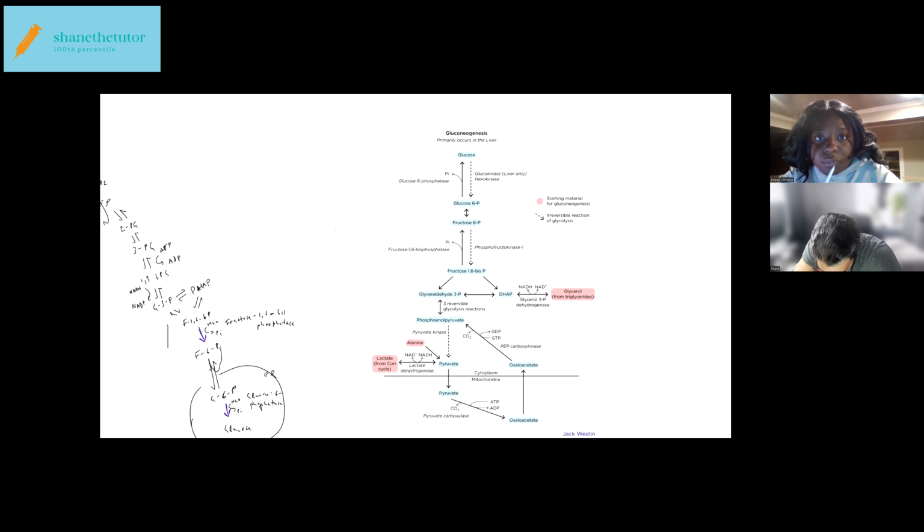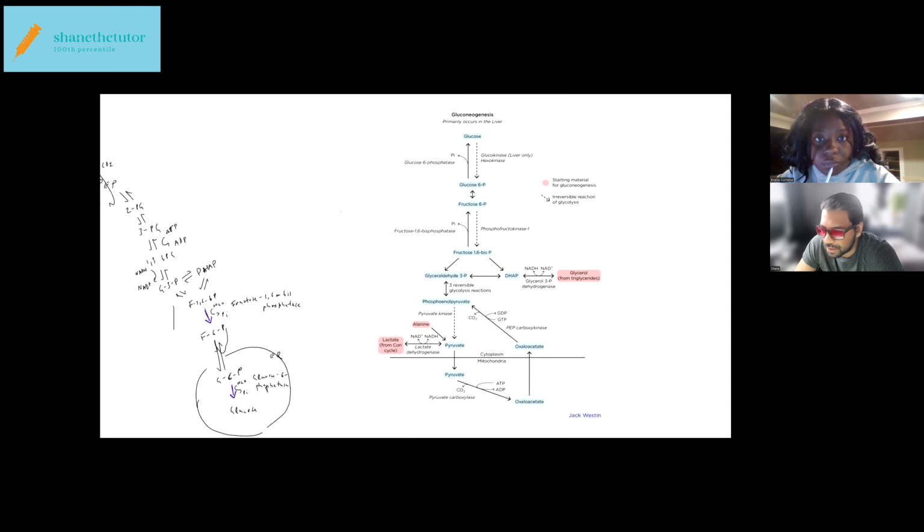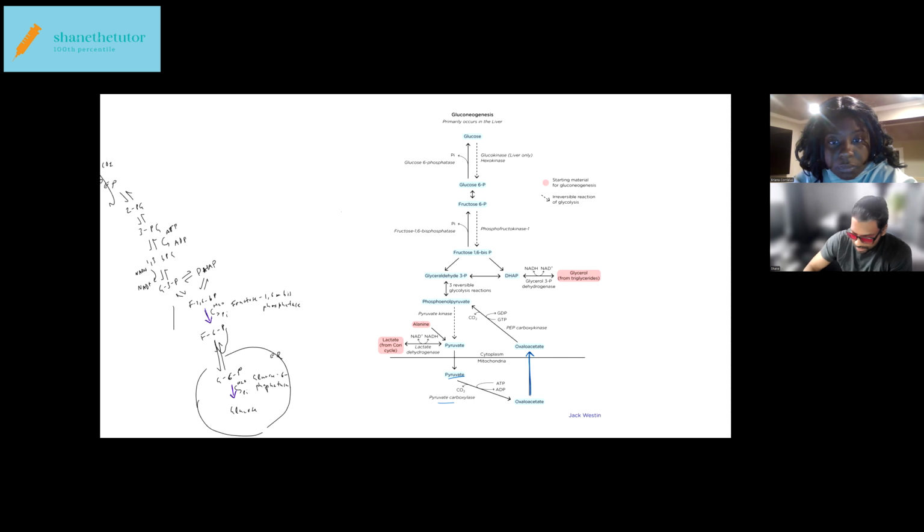Because it's happening kind of backwards here, I'll write this in blue over here. So this is our mitochondrial matrix, and you have your pyruvate through pyruvate carboxylase turn into oxaloacetate, and they skip the steps with the malate thing, which is fine.